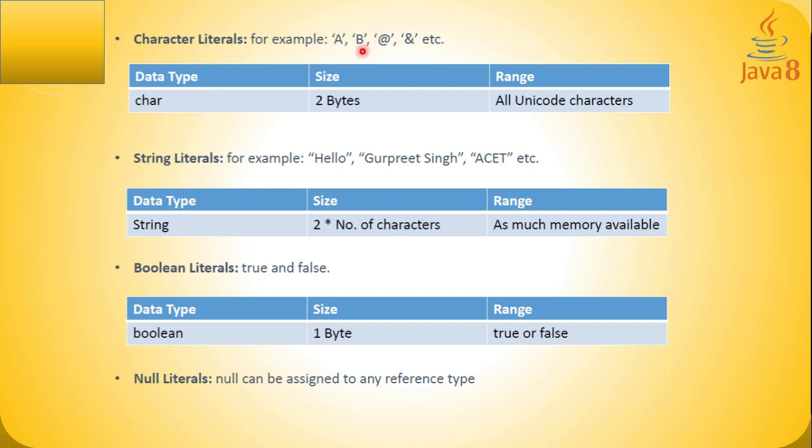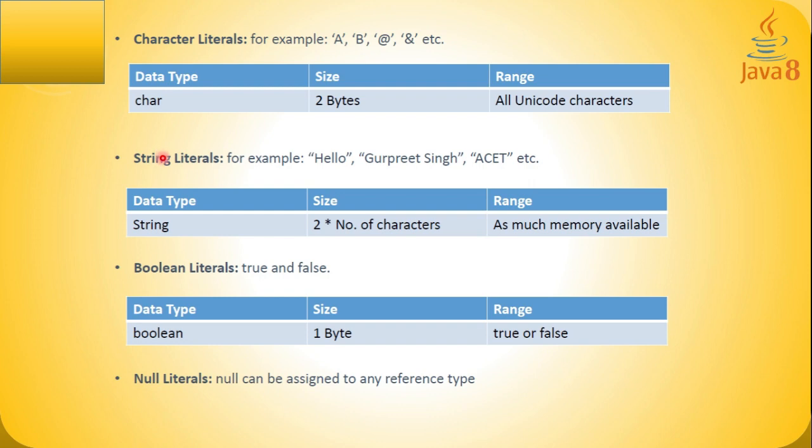So when you write char T is equal to, in single quotes, small letter a, it's a character literal. Now string literal. String literal means anything in double quotes. Hello, ACCT, anything when you write in double quotes will be treated as a string literal.